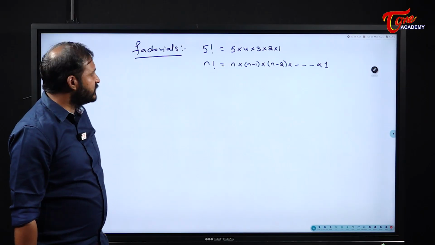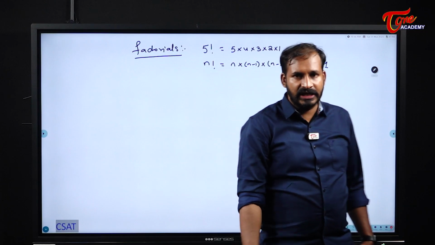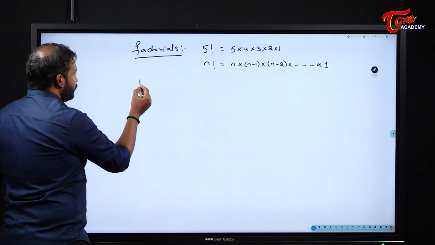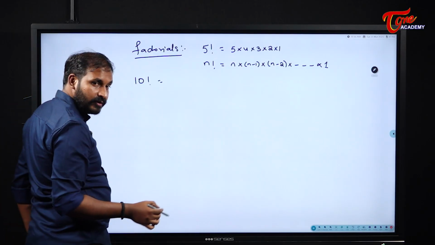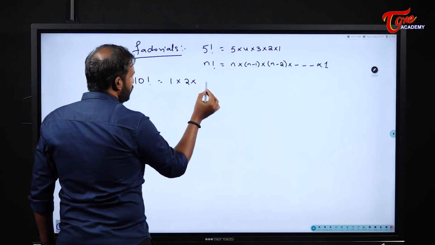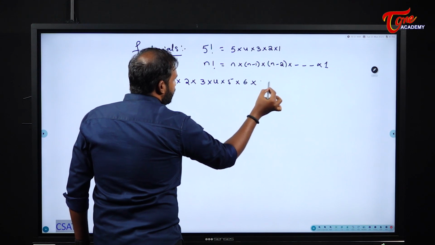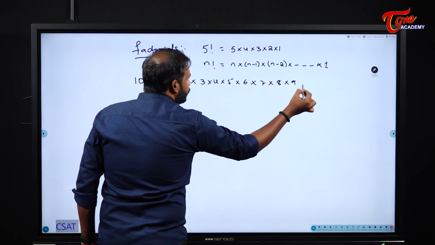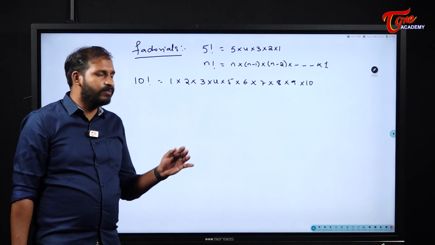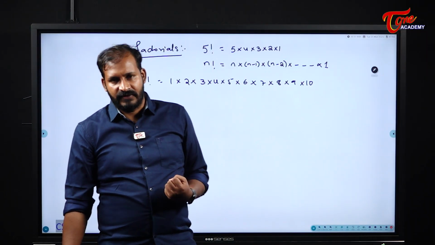Okay, good. See here, students. In the case of factorials, anyway we will have many 2's, right? Will you accept this? For example, in 10 factorial, generally what you will do? 1 into 2, I am writing in reverse order, no need to worry, 4 into 5 into 6 into 7 into 8 into 9 into 10, right? Previously, in any product we used to observe the number of 2's and the number of 5's.